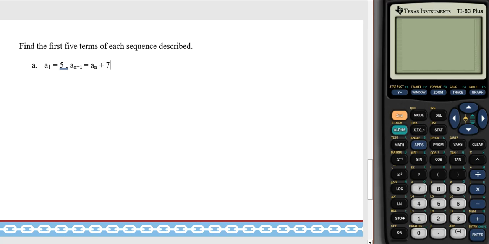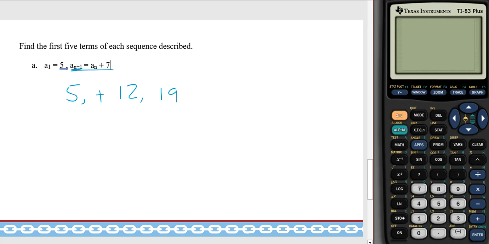Our day 2 examples are not going to be that involved. Here we have a first term of 5, and then to find each additional term, it tells us the next term is equal to our term plus 7. So we're just going to go with a plus 7 all the way down the line.